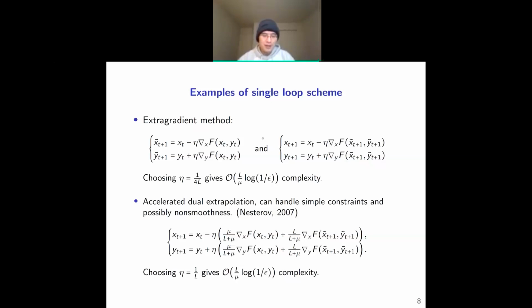So we just put its most simplified version for the unconstrained min-max problem here. We can show that for the unconstrained problem, it can be simplified to the following form, which is a mixture between the gradient descent ascent and the extra gradient step. In this case, you also have this L over mu iteration complexity times log 1 over epsilon.